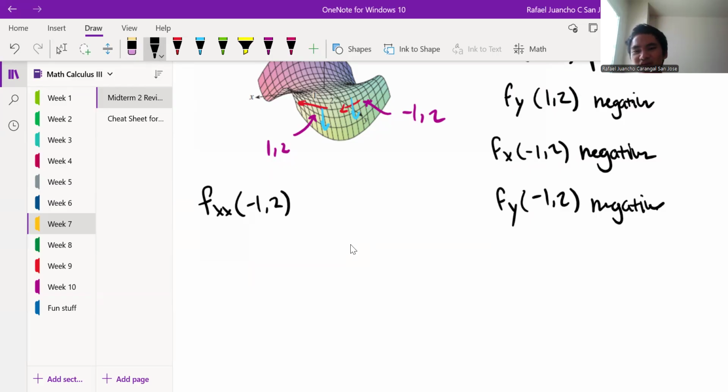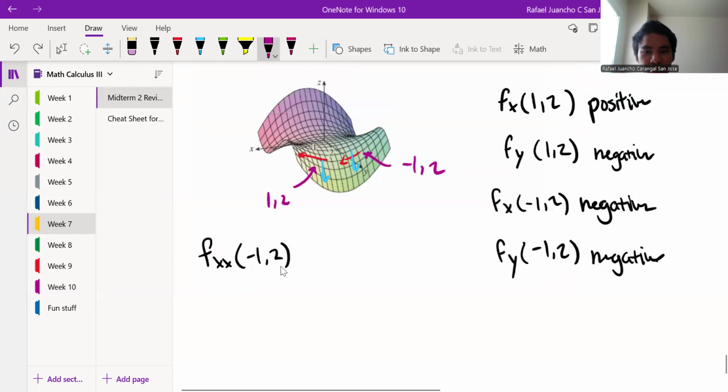We're looking at this red arrow here. And then when you take the derivative of that, it's just going to be some positive value.